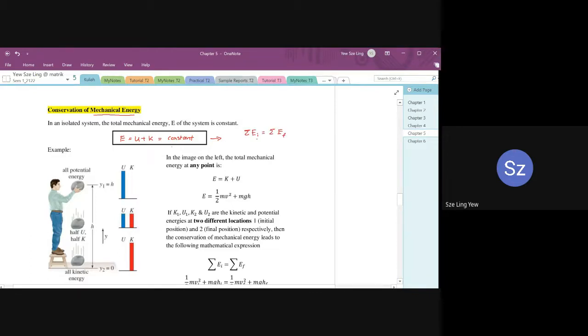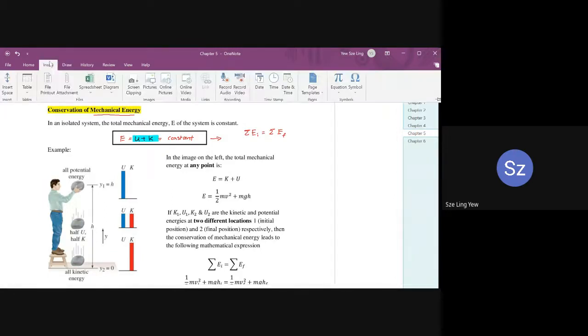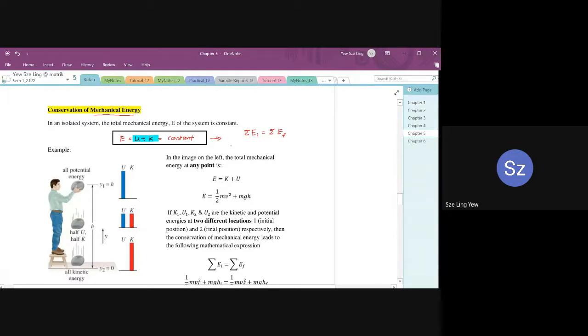Because you are looking at U and K at the same time, initial U plus initial K equals final U plus final K. So E equals U plus K equals a constant value. At the same time, it can be written as summation E initial equals summation E final, or U initial plus K initial equals U final plus K final.